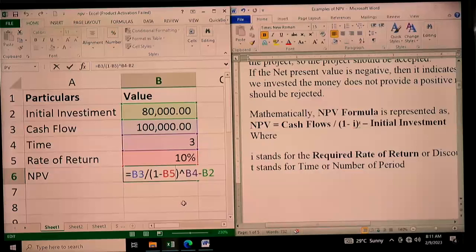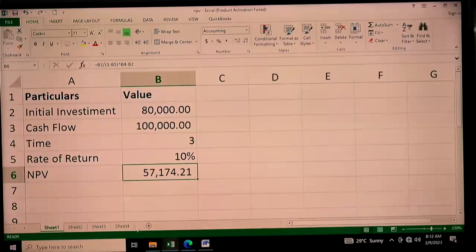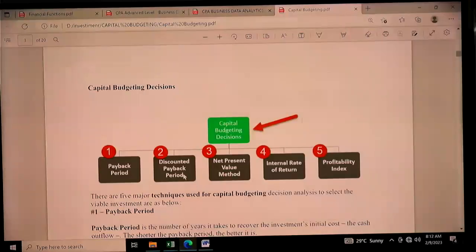So let's proceed. That is the first part of this function, the net present value. Our net present value, of course, is a positive number. That means this project was actually worth investing in.